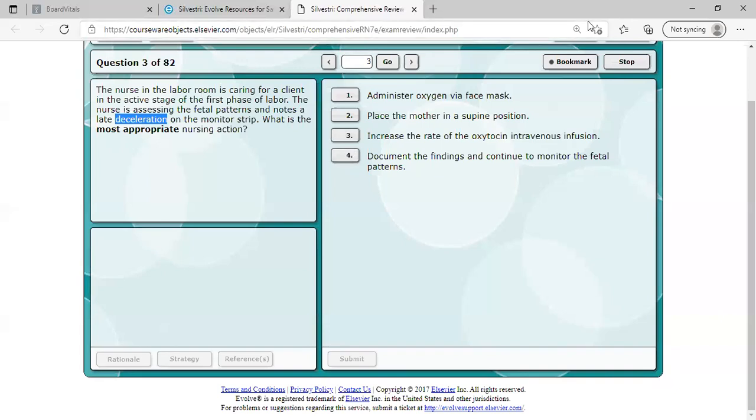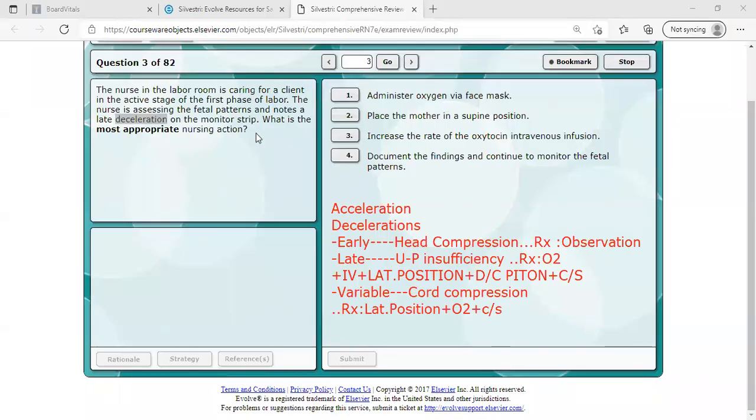Let me tell you something more. To answer this question, every student must know what a deceleration is.